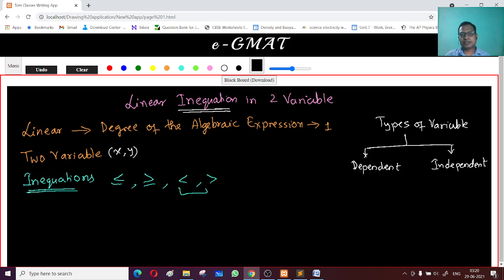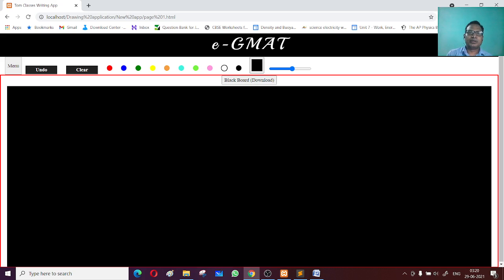These we call inequalities, right? These are inequalities, and these are strict inequalities. And these are inequalities or inequations where the value of the expression can become equal to 0. So let's move forward.